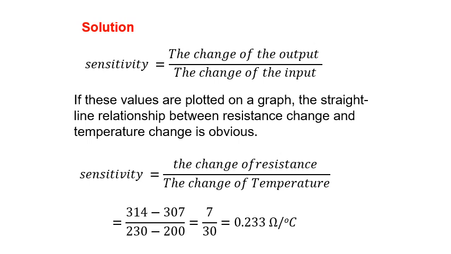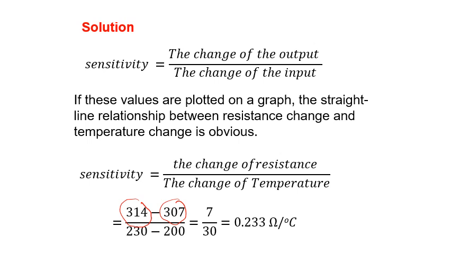Here we can calculate the sensitivity, the change of output over the change of input. Notice the data given in the previous slide: the resistance changes from 307 to 314, so we take 314 minus 307.